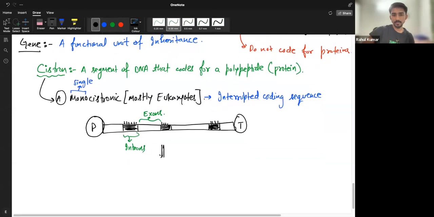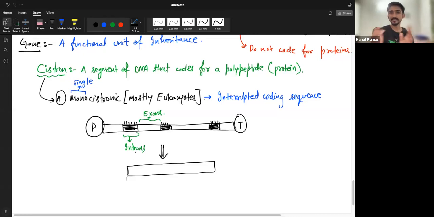So all our structural genes, basically what happens when transcription happens in humans is our structural genes are small. Like it gets shorter because all the exons 1, 2, 3, 4. So let's say this is exon 1.